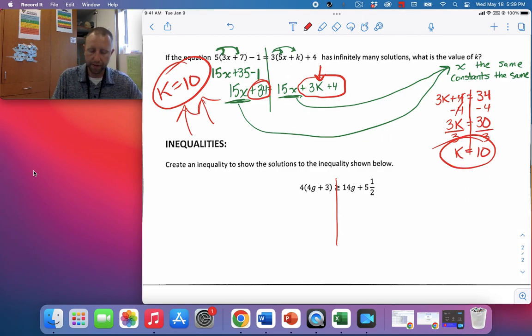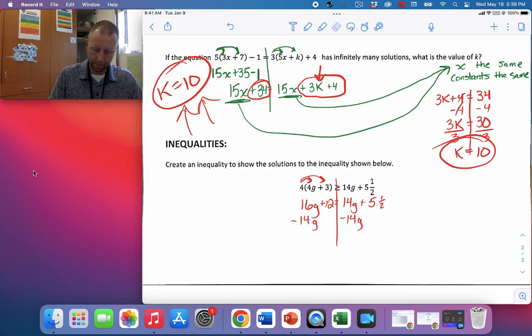Okay, simplify first. 4 times 4g is 16g. 4 times 3 is 12. And then on the right-hand side, it's already simplified. I'll go ahead and get rid of the smaller g. I'm going to subtract 14g from both sides. I already messed up.